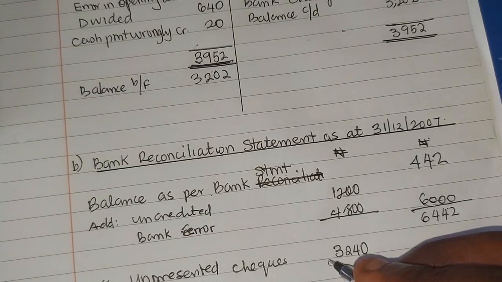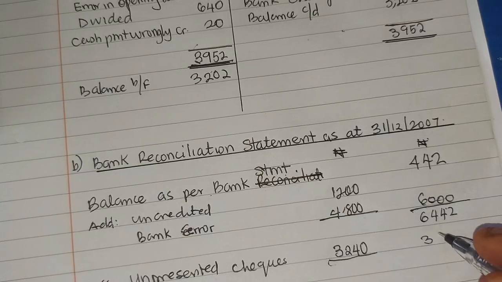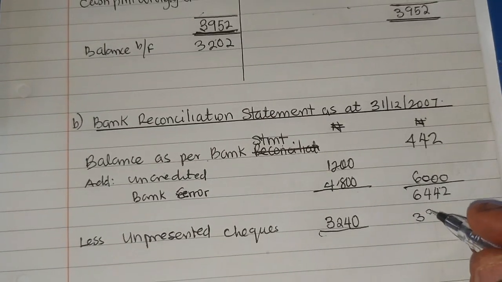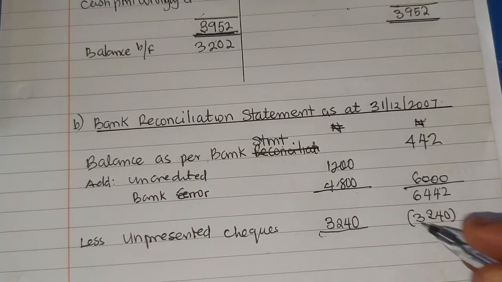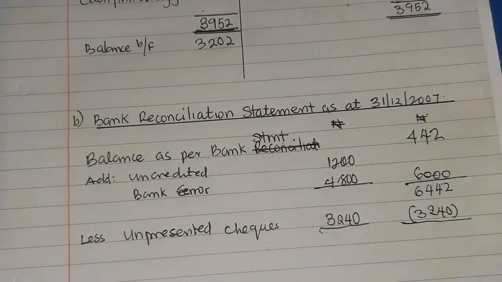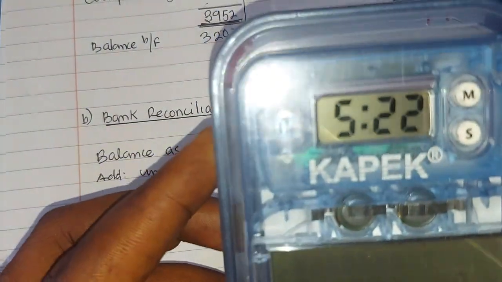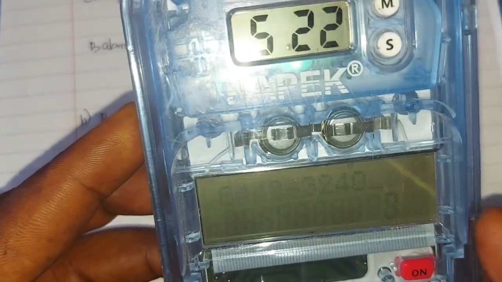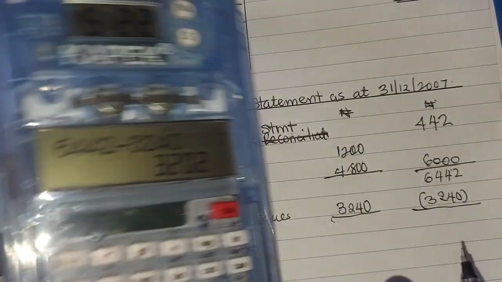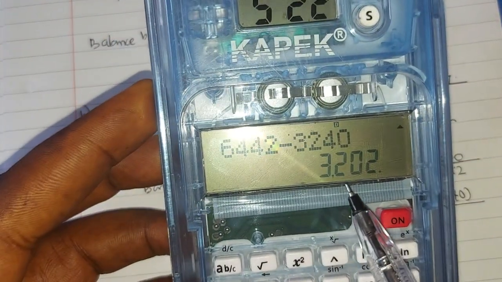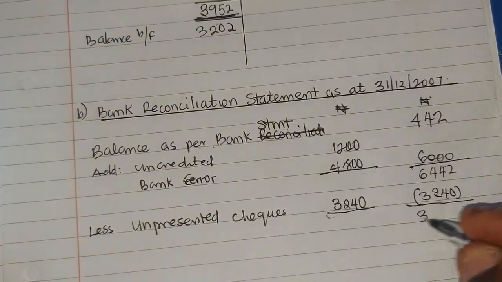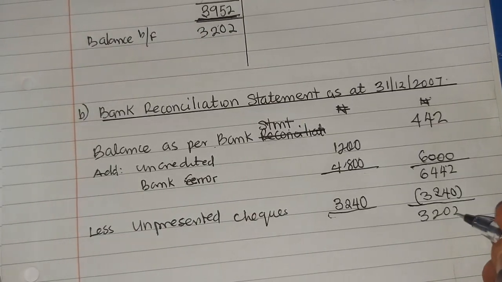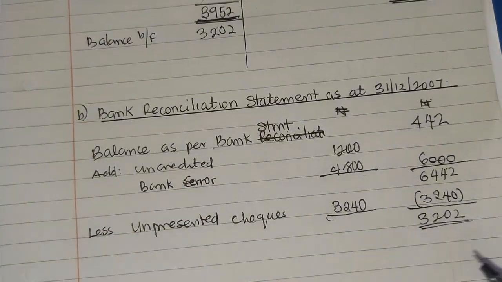Then we need to subtract this 3240. So what do you have? Let's use a calculator to do that. We have 6,442 minus 3240. Okay, and it gives you 3202.